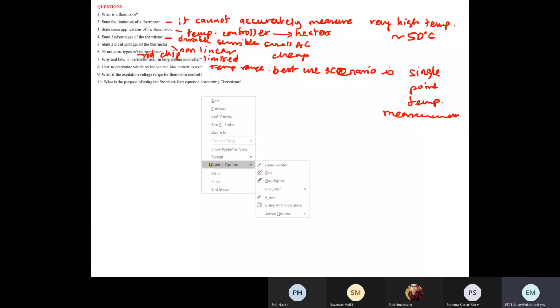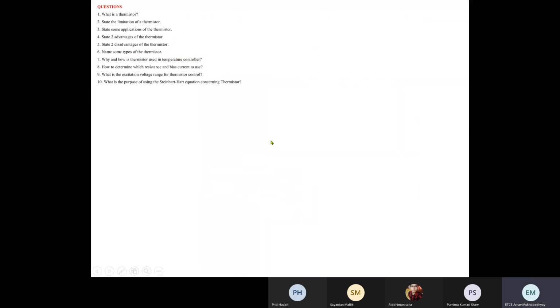Why and how is it used in measurement in a temperature controller? The thermistor generally senses the temperature, and the temperature changes are detected through the bias voltage. Why is it used? Because thermistors are more sensitive to change in temperature, which the temperature controller will use to control devices like AC and all.